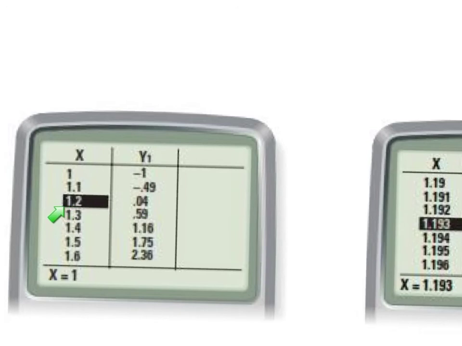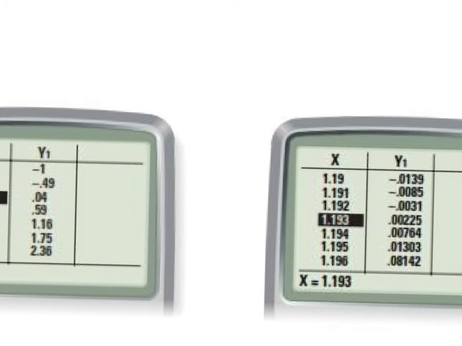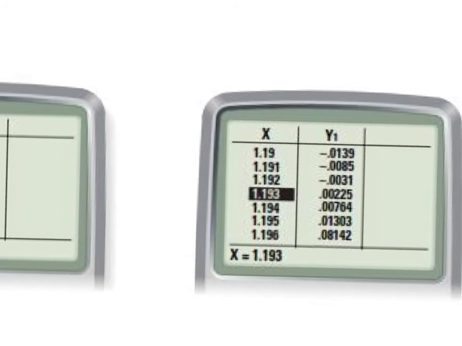But then if we zoom in further and get to the thousandths place, we will find that an x value of 1.193 corresponds with the smallest value, 0.00225. The value closest to 0 corresponds with that 1.193, which is what we found by graphing. That means we did it correctly.